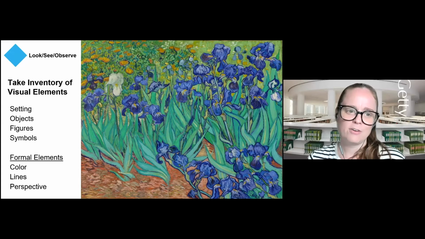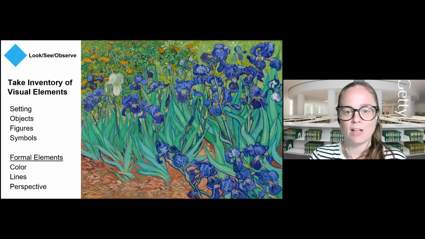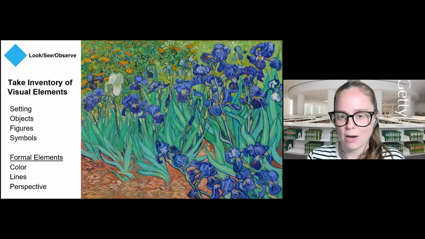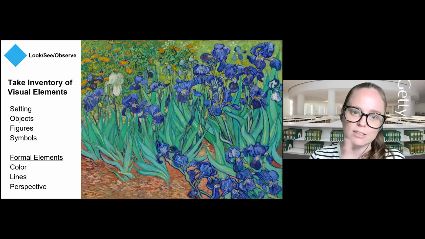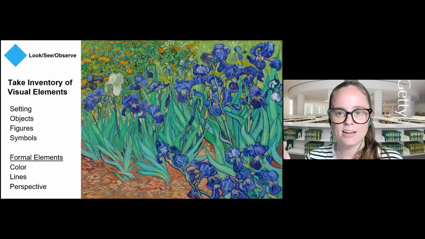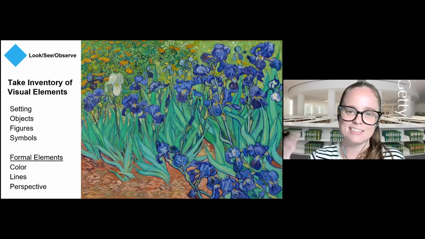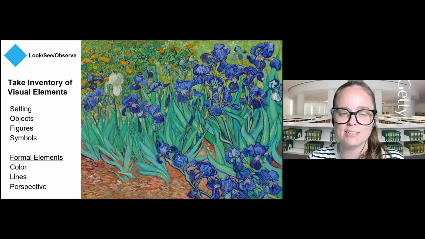and then some formal elements. So I mentioned color a little bit ago. There's a white flower, there are some blue flowers in the foreground, there's some orange, and there are green leaves that are really wavy, and they have wavy lines coming through. The white flower, I also noticed that the stem is really straight up and down compared to the wavy leaves of the flowers around it.